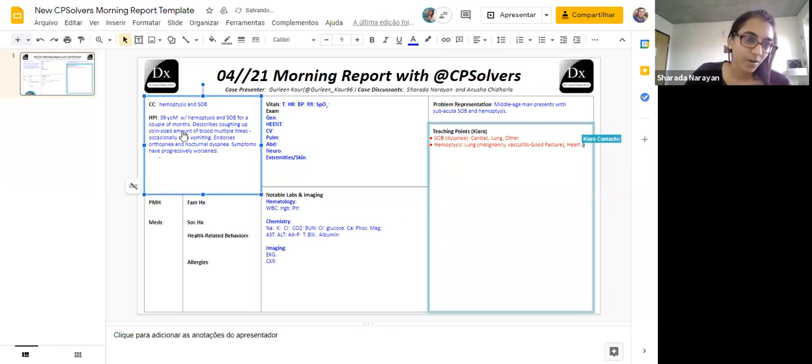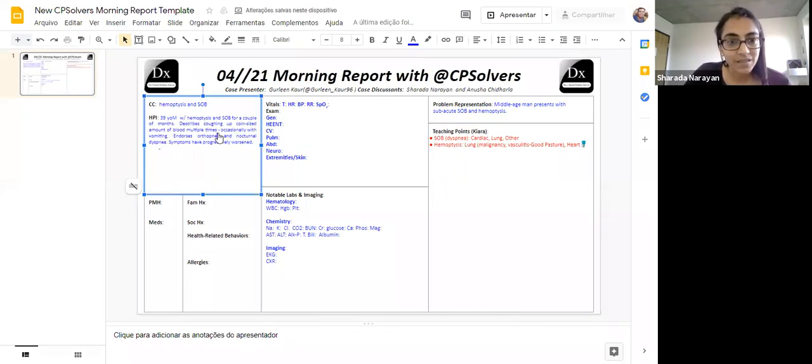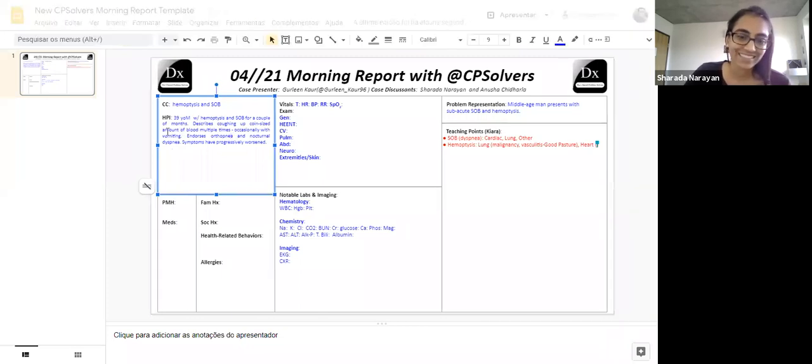I definitely want to know a lot more of the social history, thinking about, could this person possibly have TB? Could this person possibly have a malignancy? I would want to know if he's been having any systemic symptoms like fever, weight loss. Those are my initial thoughts.